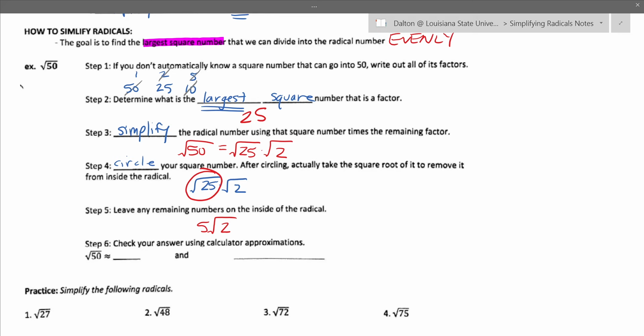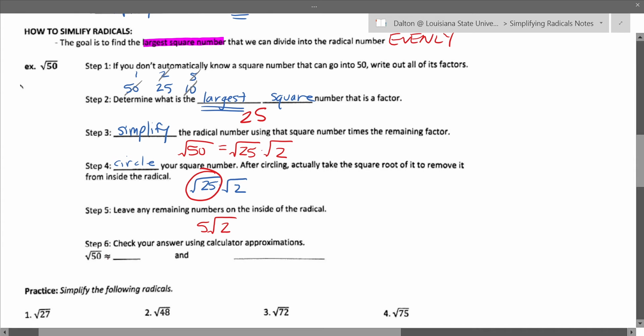Step 6, check your answer using calculator approximations. So in your calculator, if you were to type in the square root of 50, we would get a decimal. Remember this symbol here, that little equal sign that looks like it got blown in the wind? That means approximately. Anytime you round in math, we're going to use that approximation symbol. So the square root of 50, if you type that in your calculator, would be approximately 7.071, and then it keeps going on and on.